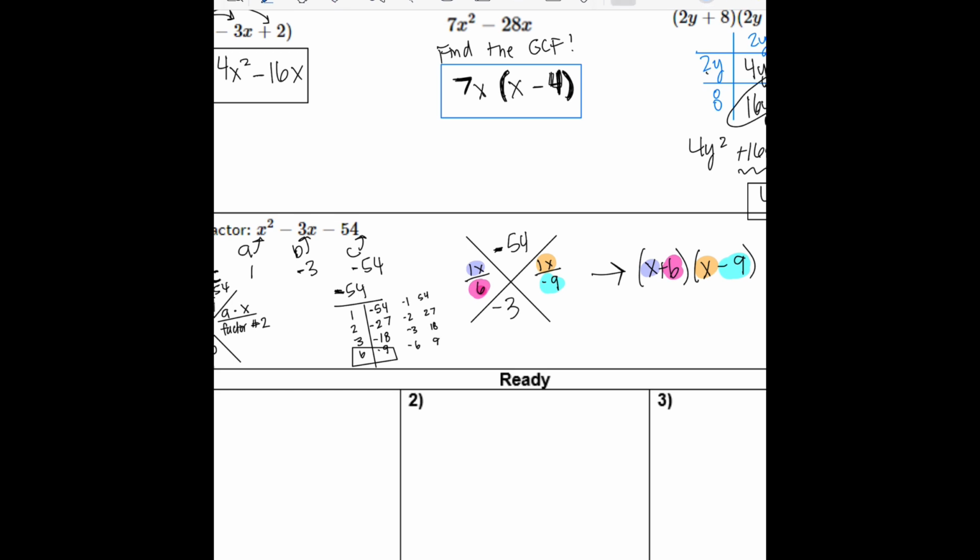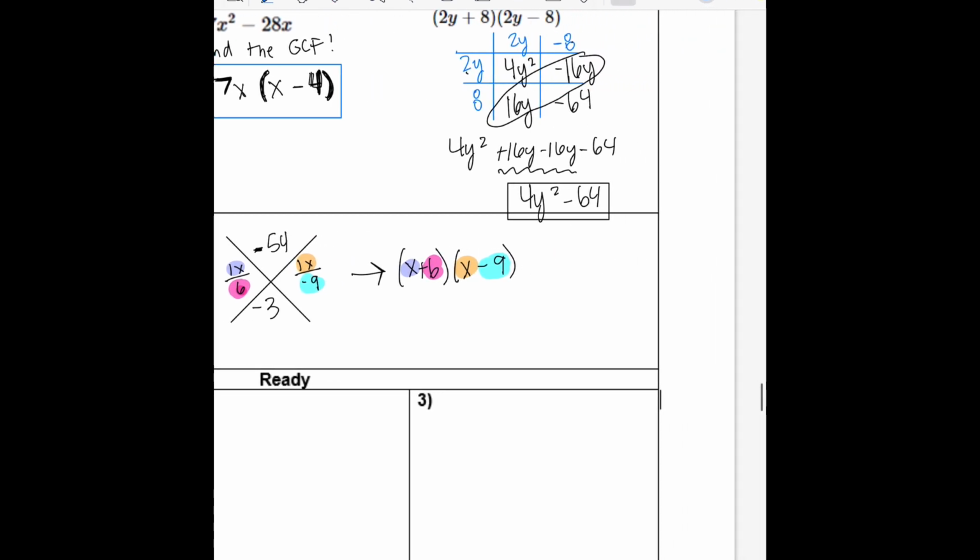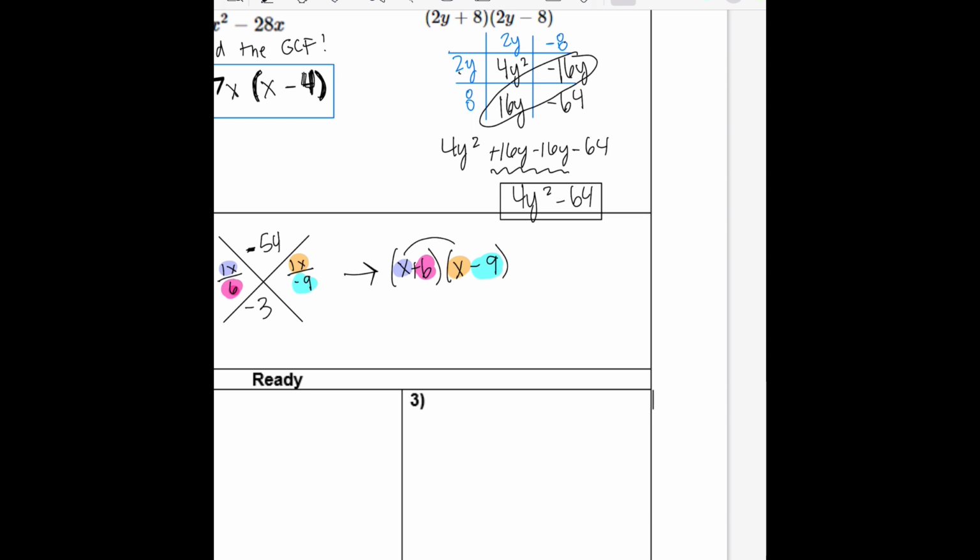Now I want you guys to notice that if you were to multiply this back in, x times x is x squared. X times negative 9 is negative 9x. X times 6 is plus 6x. 6 times negative 9 is negative 54.